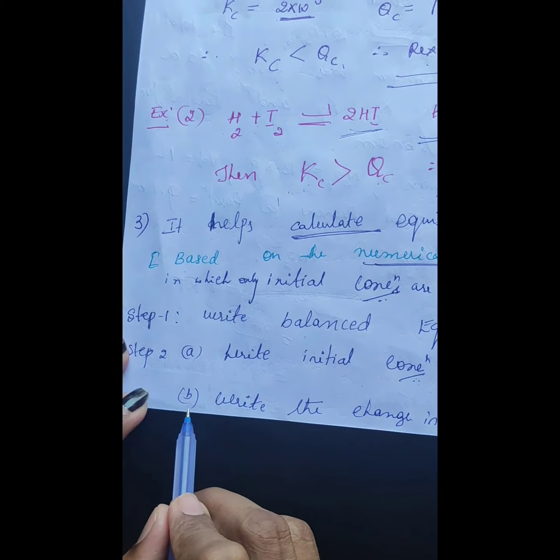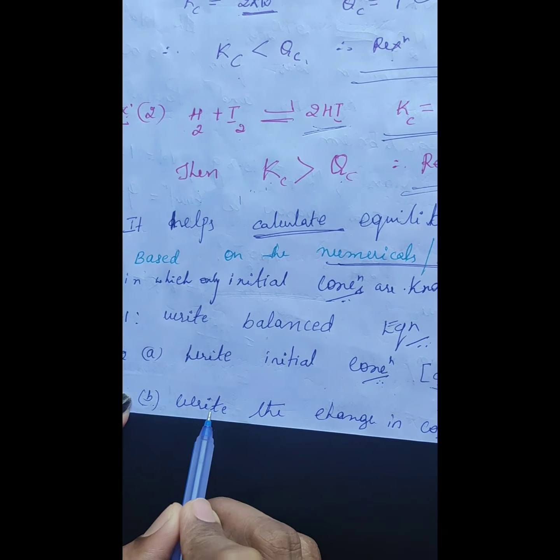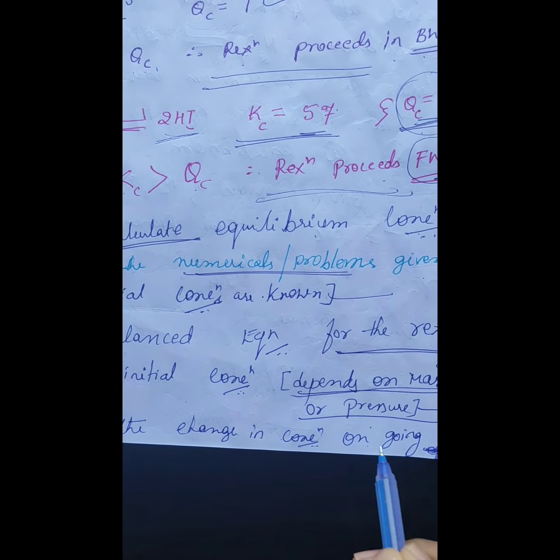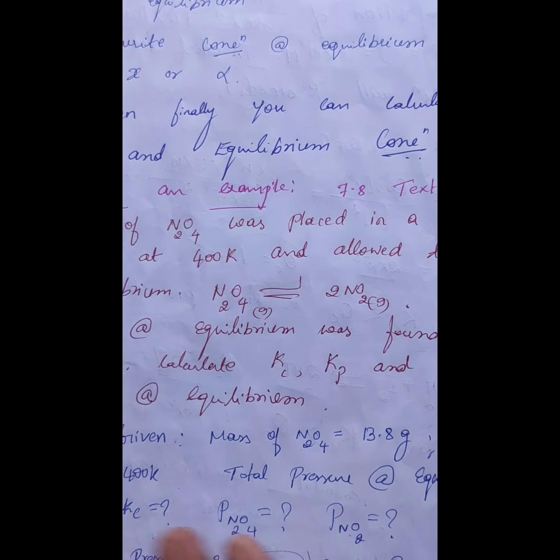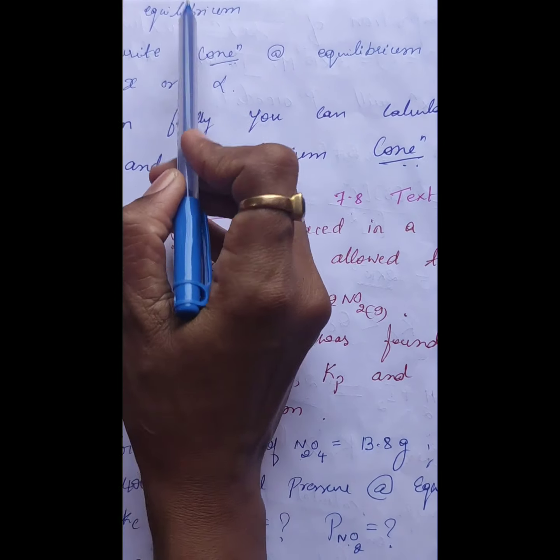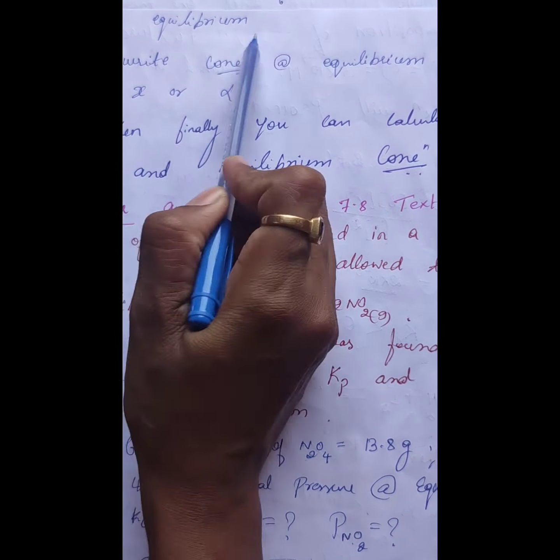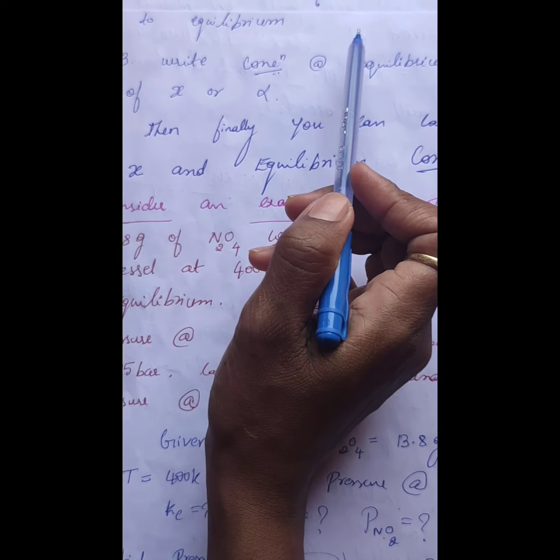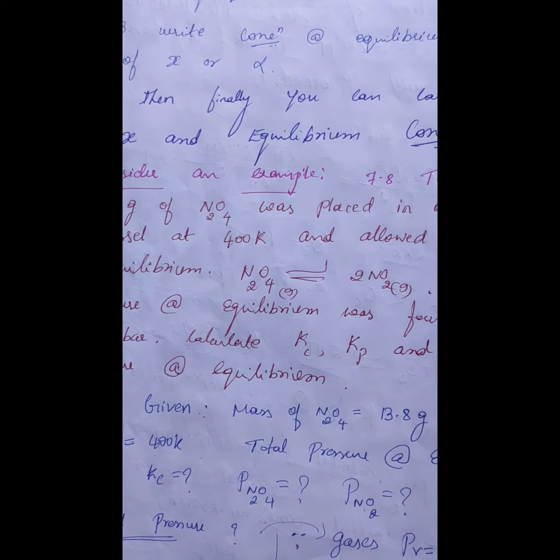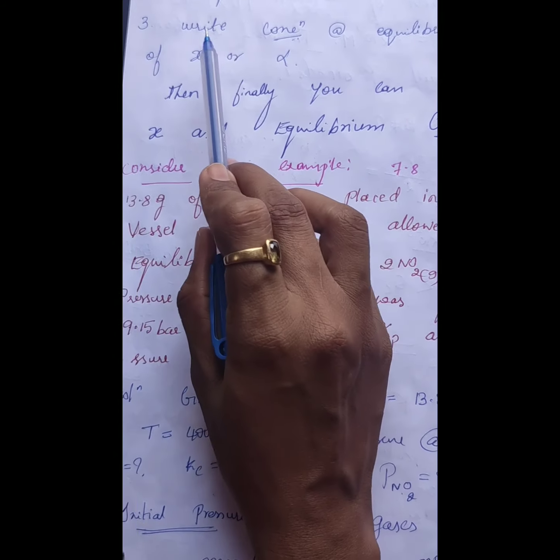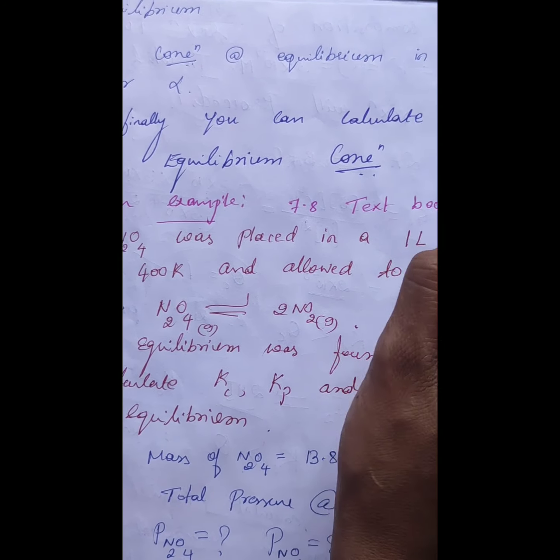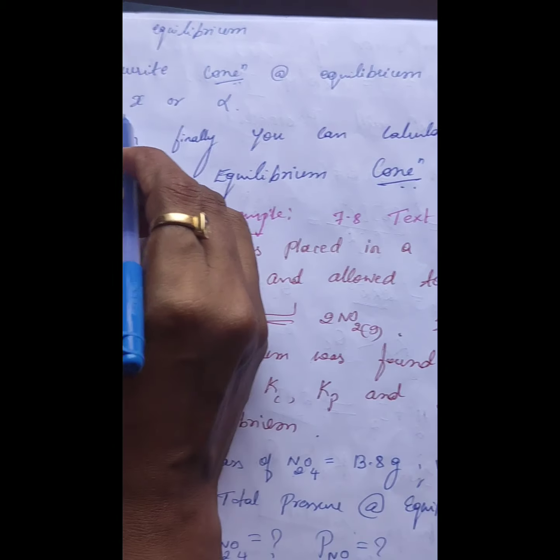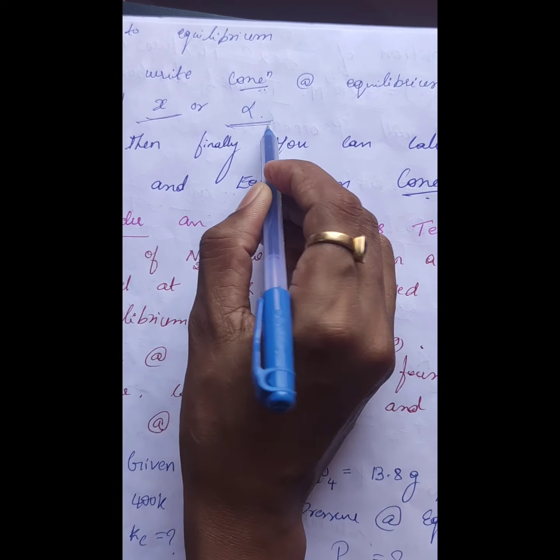Then in the second step, one more thing you should note, write the change in concentration on going to attain equilibrium. So you have to consider the change in concentration in order to attain the equilibrium. And in the third step, you have to write the concentration at equilibrium, which can be indicated in terms of X or in terms of alpha.